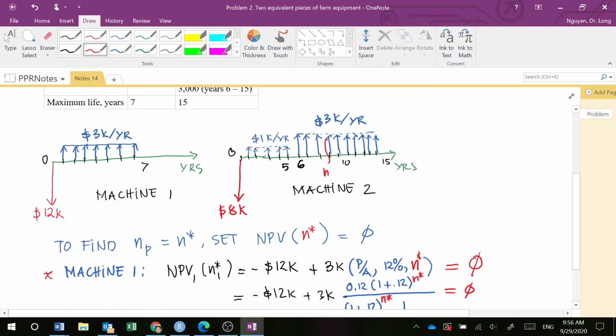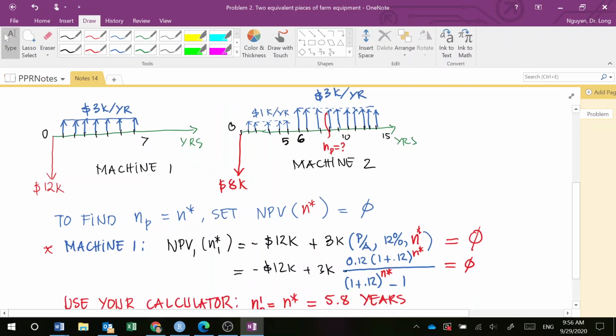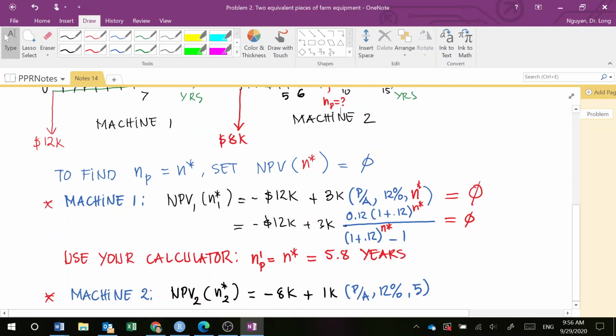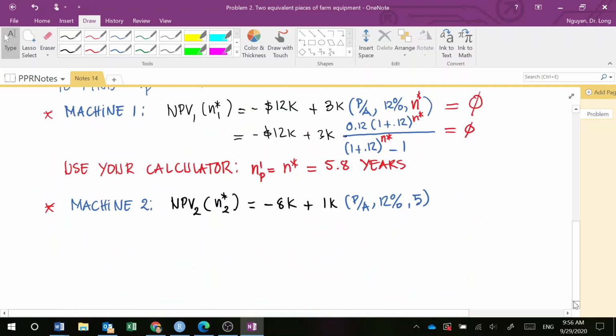Where is the NPV after year 6? Then for the 3,000, it starts after the first 5 years, so we add 3,000 and of course we have P over A, 12%.